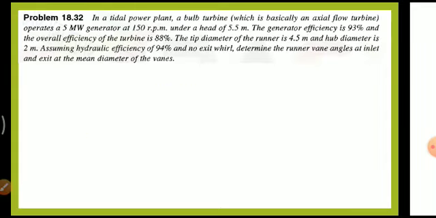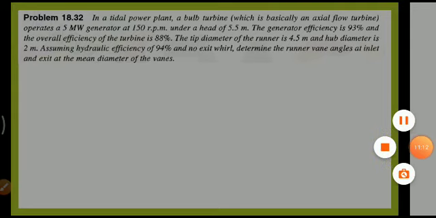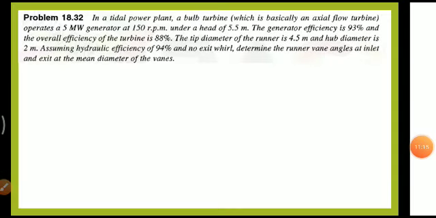Normally we will be using the equation at the end of the vane. Here it is meant at the mean diameter of the vane. So for the equation of U, we will be calculating the mean diameter. Normally we calculate U based on the outer diameter, so the only difference is for calculating the blade velocity U. Here we will be using the mean diameter, outer diameter plus inner diameter by 2, for calculating the blade velocity.